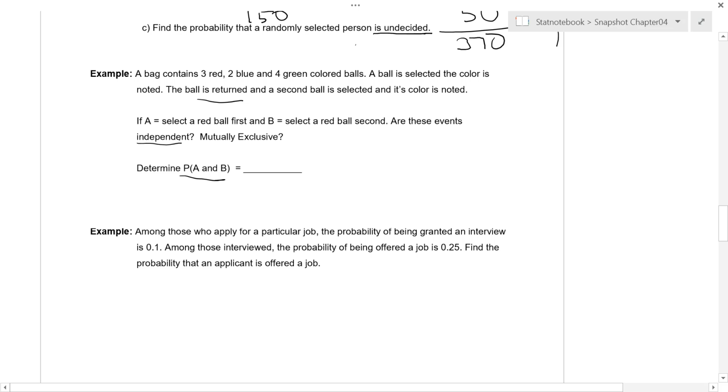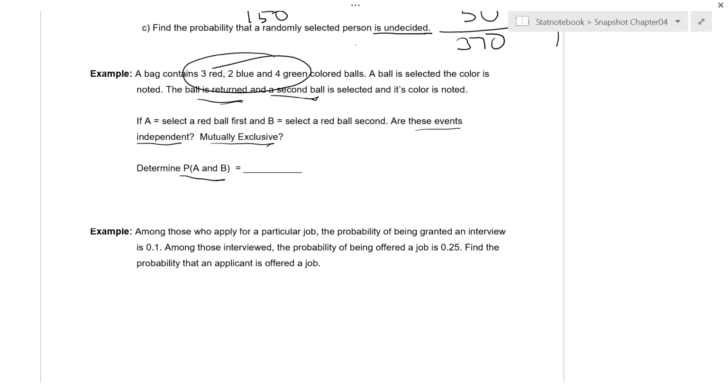Now the question comes up, are they independent, mutually exclusive? Well, think about it. They're going to be independent because the ball is returned. So when I return the ball, when I go for the second ball, the world is going to be what it was. Now I'm going to play like I didn't know that.